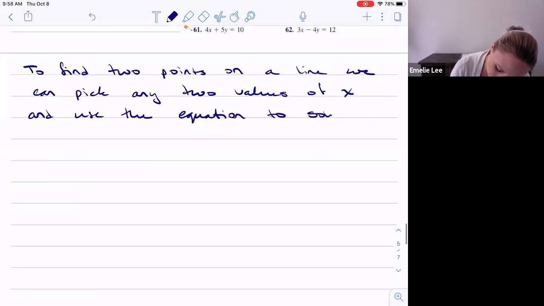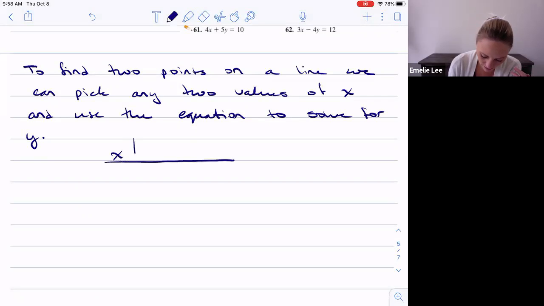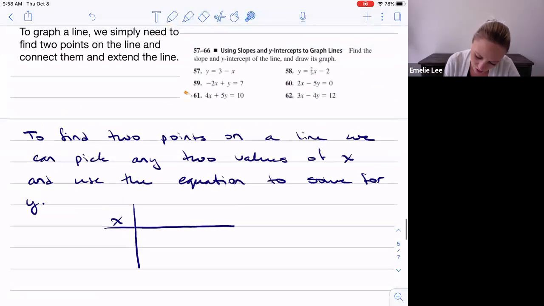Right. So usually how I do it is I set it up as a little table here. So if I have x and I'm going to pick 2 values of x, so I leave room for 2 x's. And then I've got my equation.